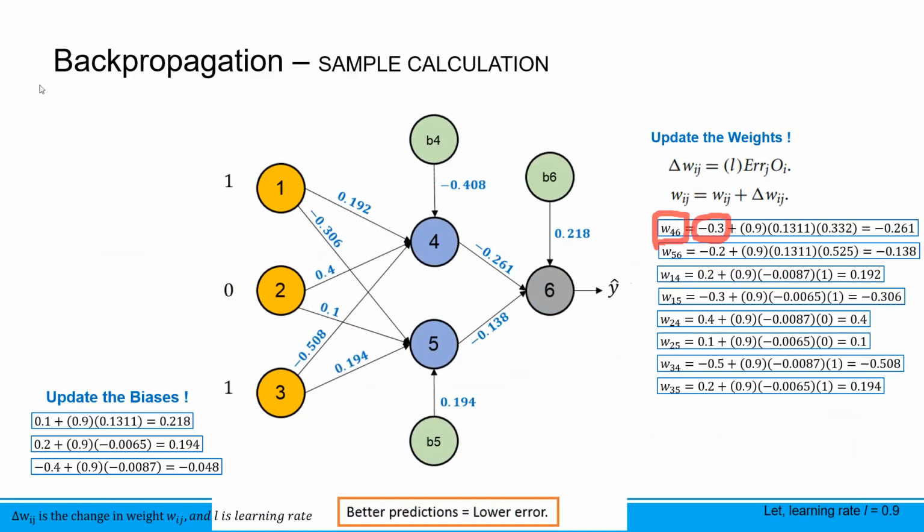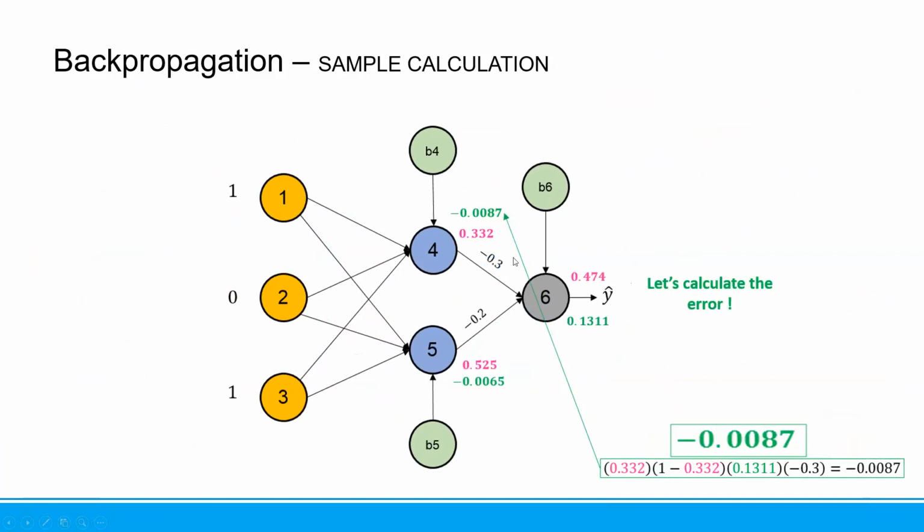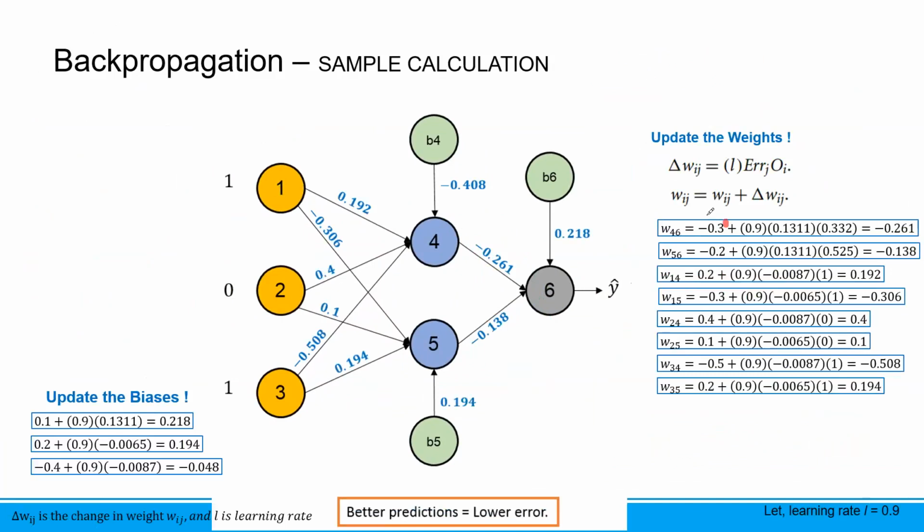This is from the previous weight, minus 0.3. So the current weight, which is minus 0.3, will be updated by adding the learning rate, which is 0.9, multiplied by 0.1311, which is the error from the latest node, and we will multiply with the output, which is 0.332.